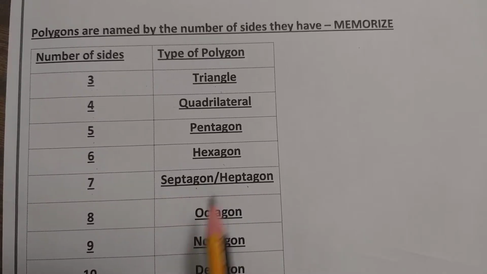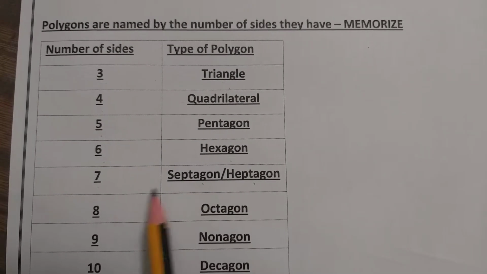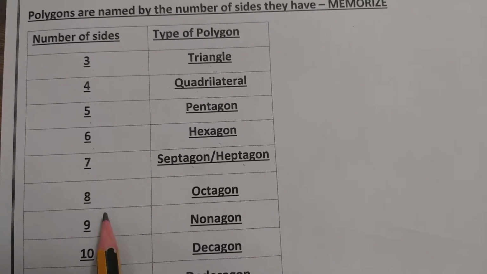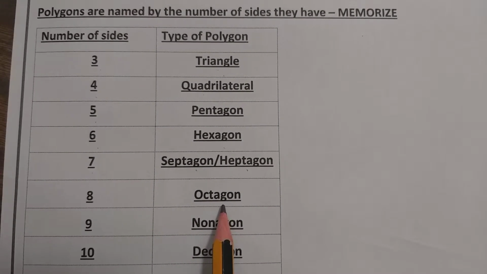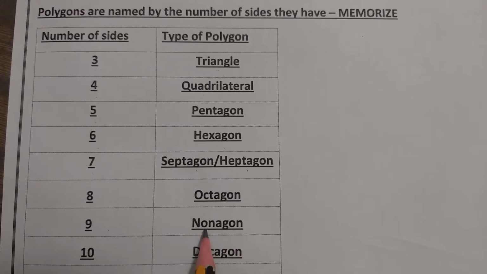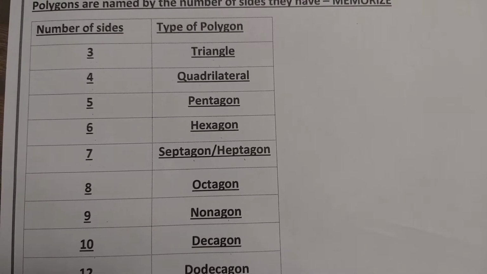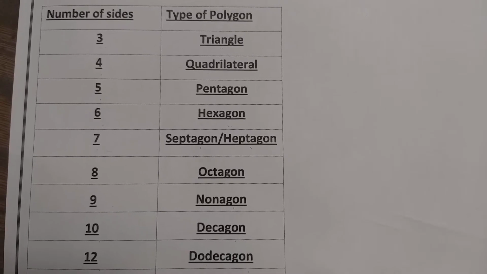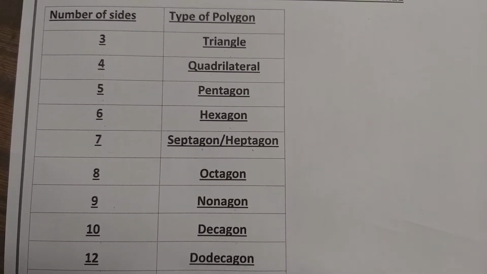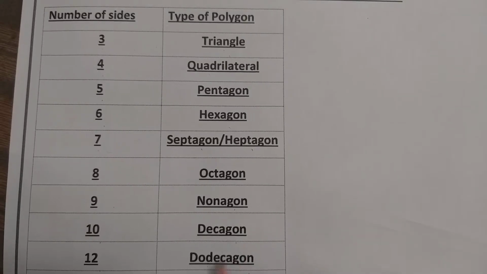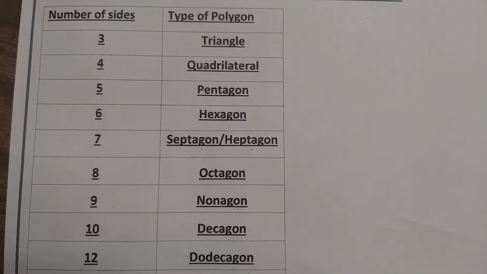Either you can say septagon or heptagon, both are names for the 7-sided figure. 8 sides octagon, 9 sides nonagon, 10 sides decagon, 12 sides dodecagon. If there are more sides, we just say n-gon, like 16-gon, 17-gon, 20-gon. So these are the names of the polygons with their sides.